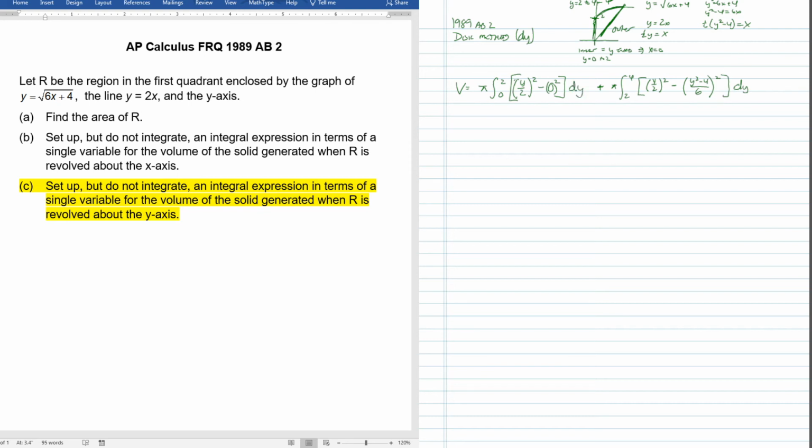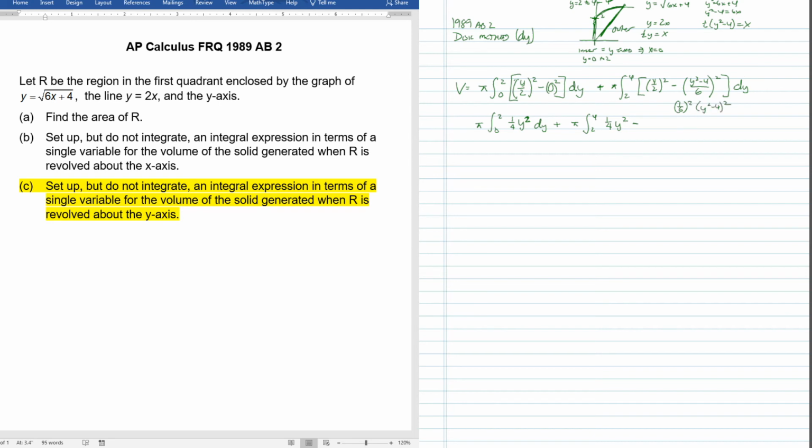Okay. 0 is not important, so what I'm really going to do is from 0 to 2 of what would end up being 1/4 y squared dy, added to the integral from 2 to 4 of, again, 1/4 y squared minus, well, if I pull the 1/6 out and I square it, then I just have to do y squared minus 4 and square it.